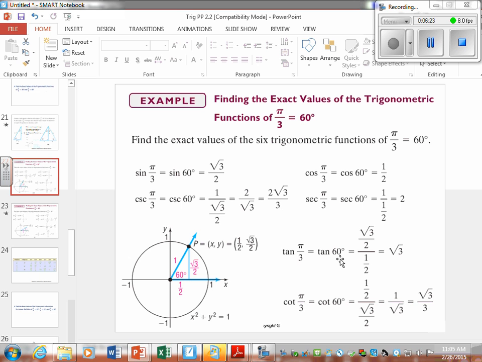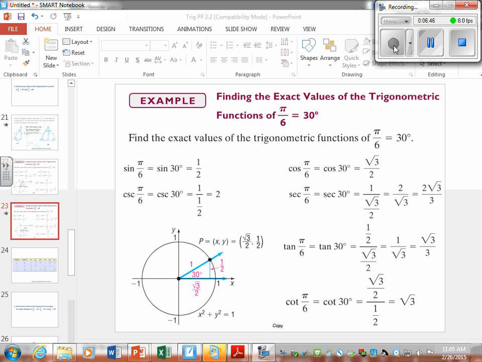Tangent is your y over your x. So we take our y value, put it over our x value, and algebraically simplify to this. Then cotangent is your x over your y. We have our x value over our y value, algebraically simplify, and we get this. The next one is a 30-degree angle.